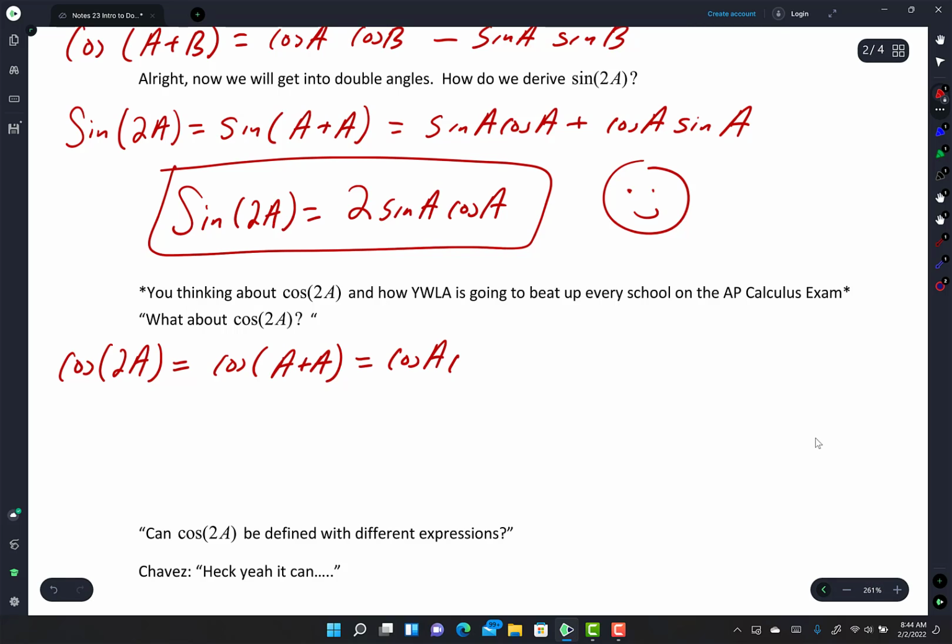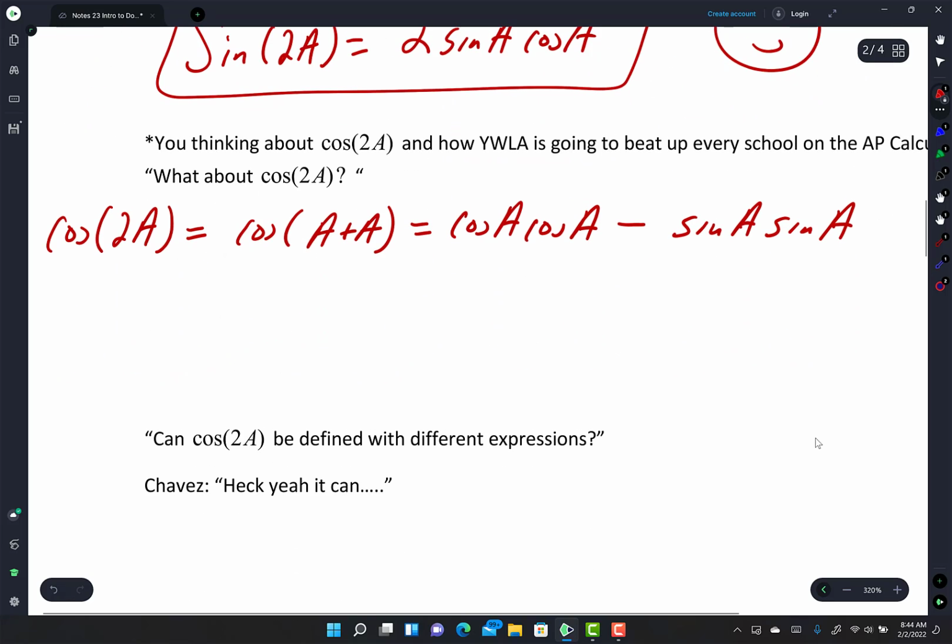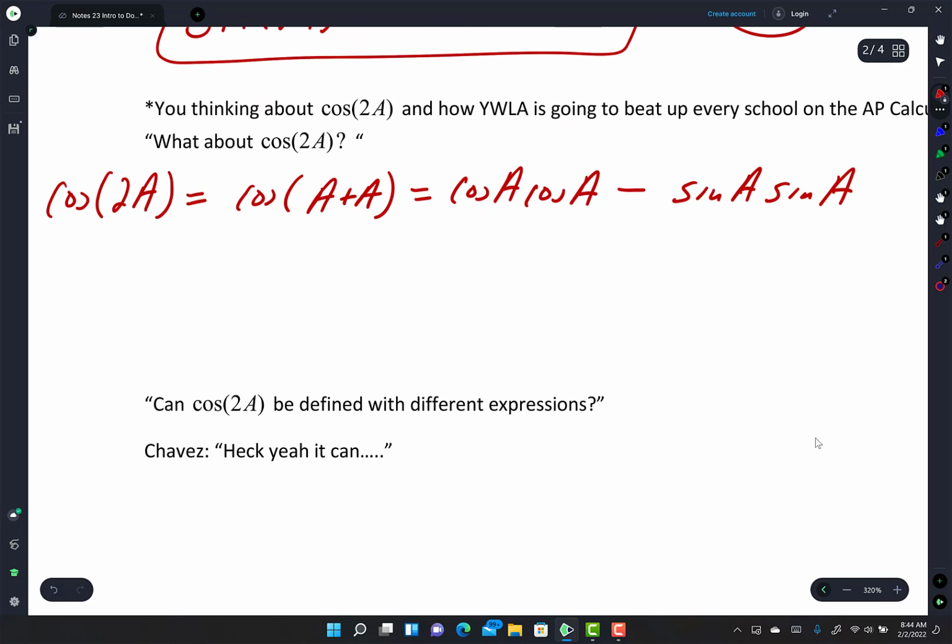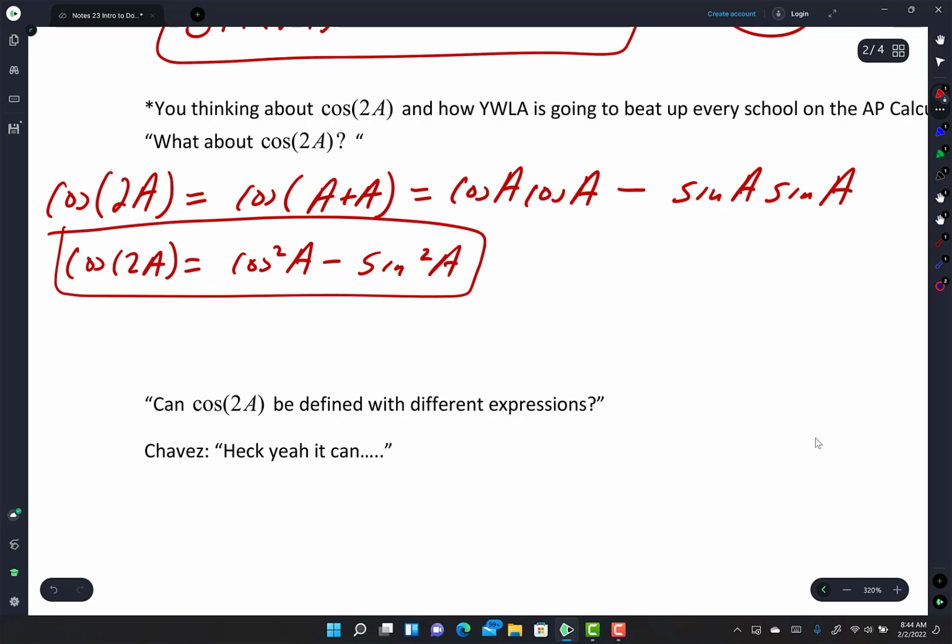Cosine a cosine a minus sine a sine a. How do we feel about that? No one's offended? All right, here's our first formula. So that means cosine 2a is the same thing as saying cosine squared a minus sine squared a. That's our first one. This one has 3.